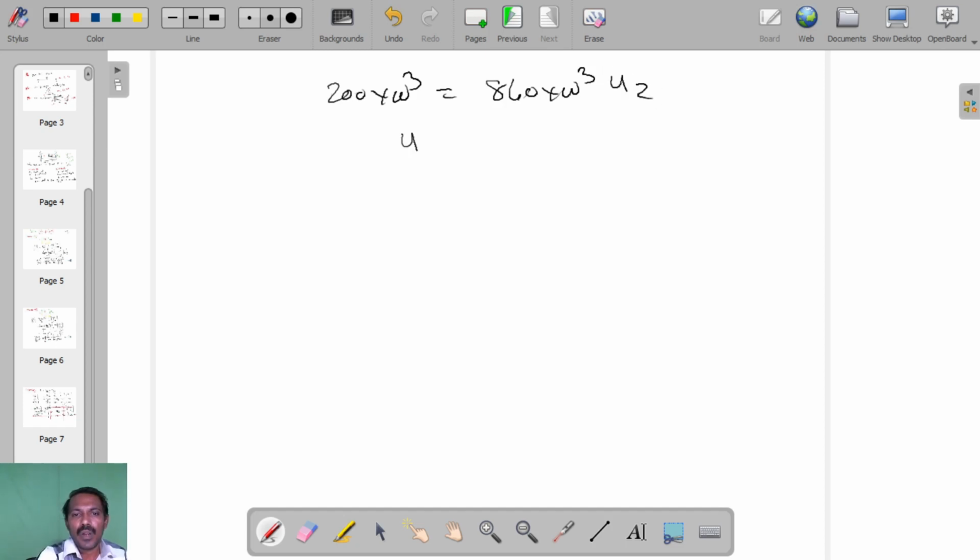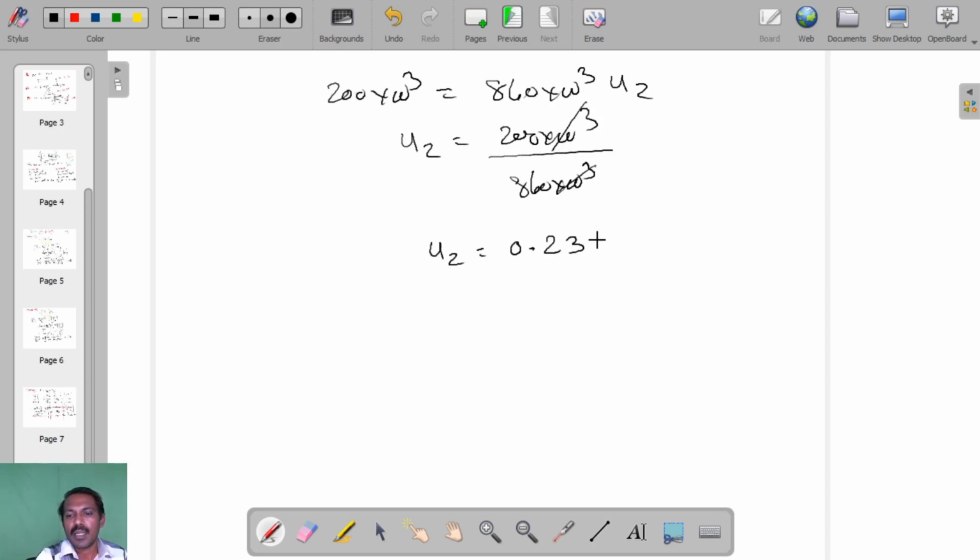So we find u2 equals 200 times 10 power 3 divided by 860 times 10 power 3. This gives u2 equal to 0.23.